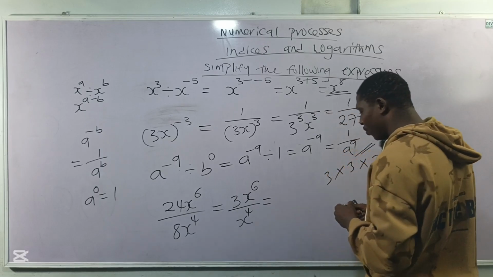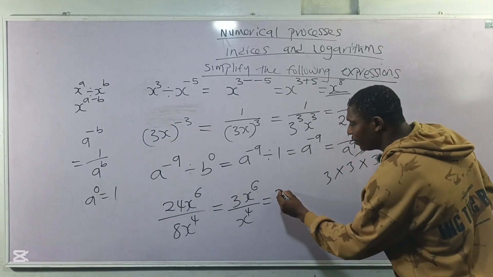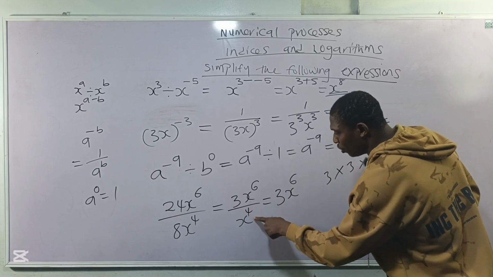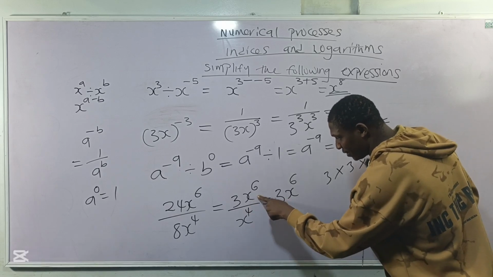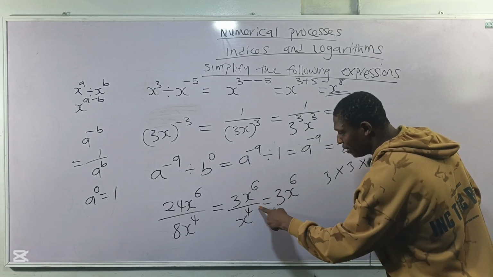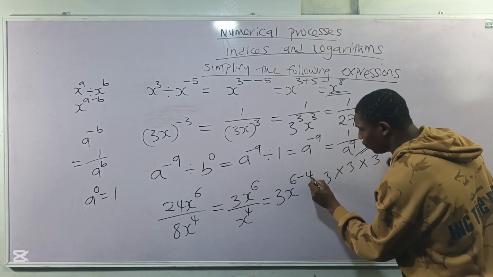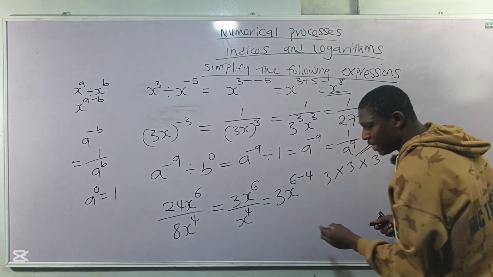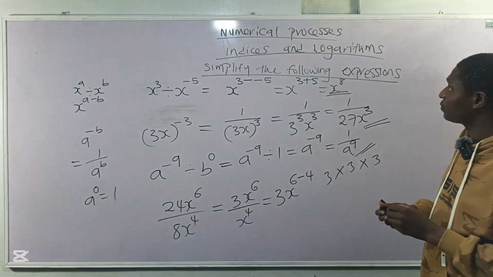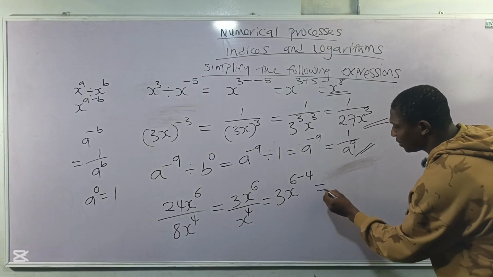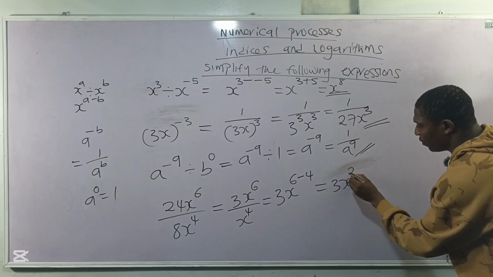Now focus on the x. I have 3x raised to power 6. I'll use one x to replace these 2x, and this 6 is already here. Division is minus. So I have minus 4. Giving my final answer as 3x raised to power 2.